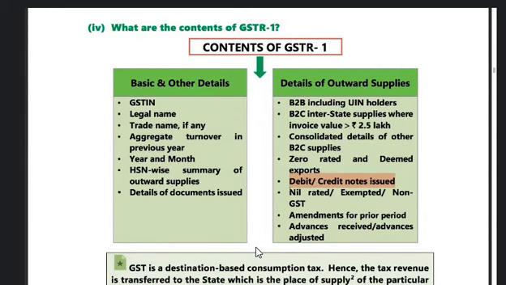Then your nil rated, exempted, non-GST turnover, only the value during the month, you can update it. Then amendment for prior period, advances received, advances adjusted. So amendment for prior period means what?